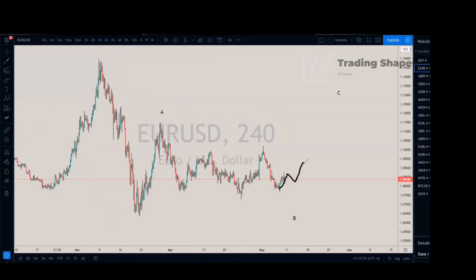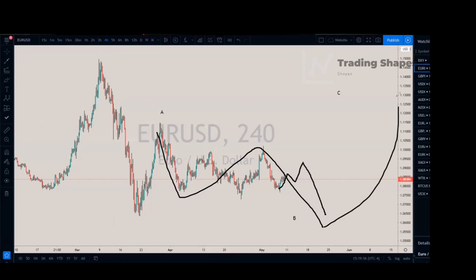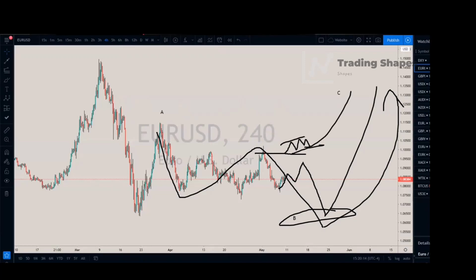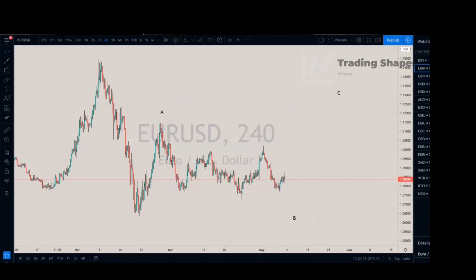Correction and down to complete the following, and then take up. If you're long term, wait for this to end and take a buy. If this price breaks up here on any correction, take your buy. I doubt it will, but keep that in mind. But definitely there's one more down.